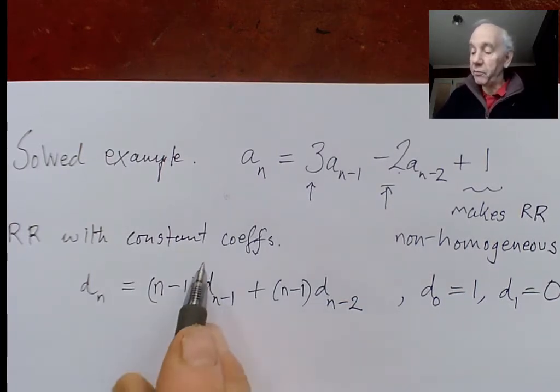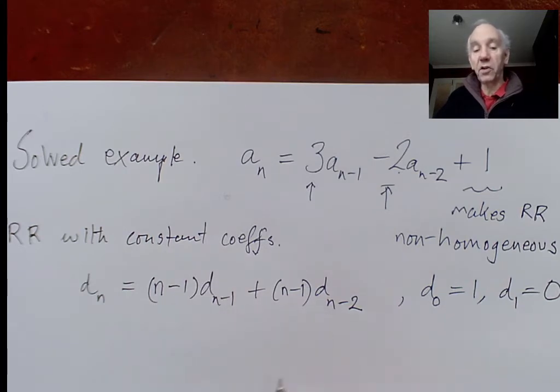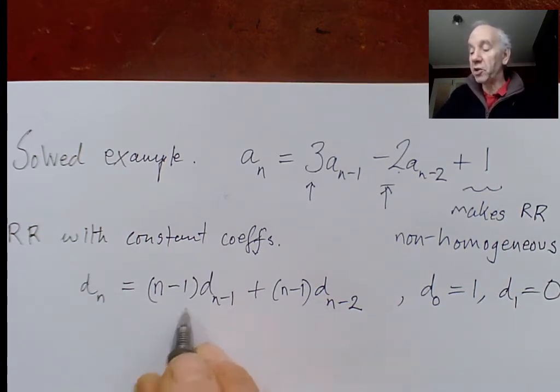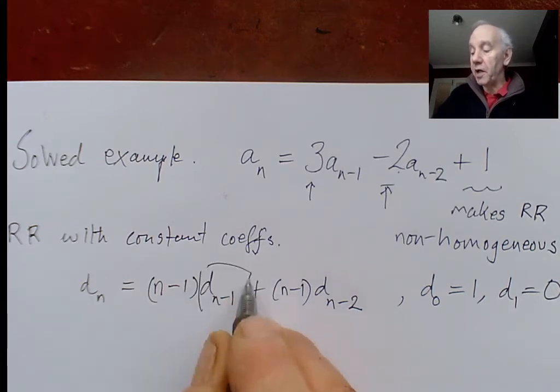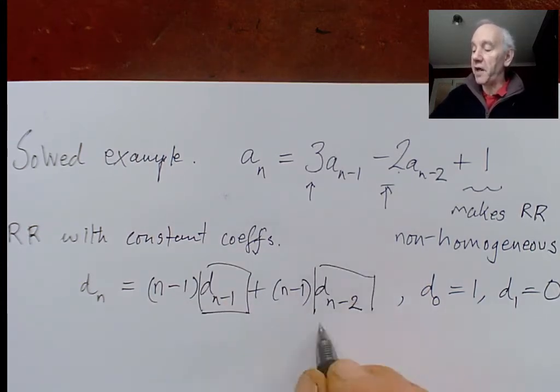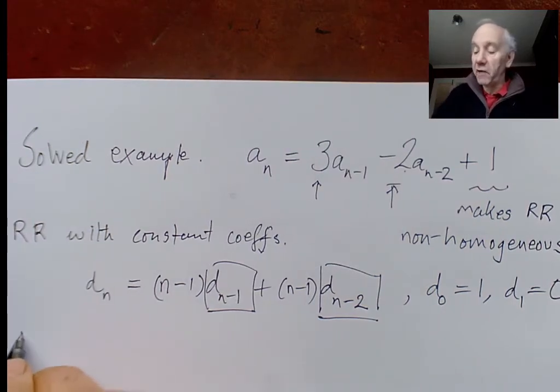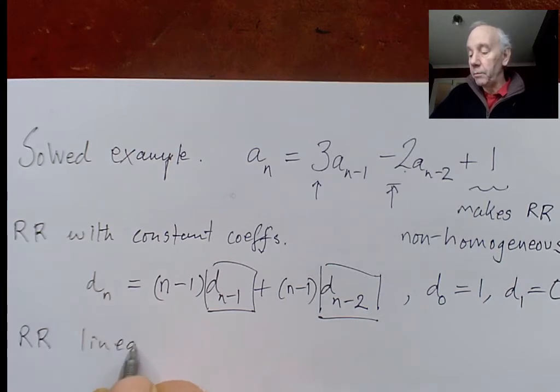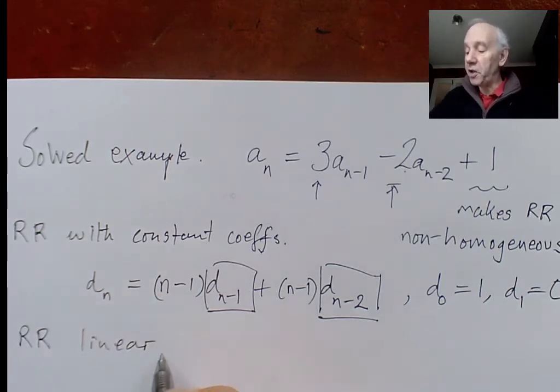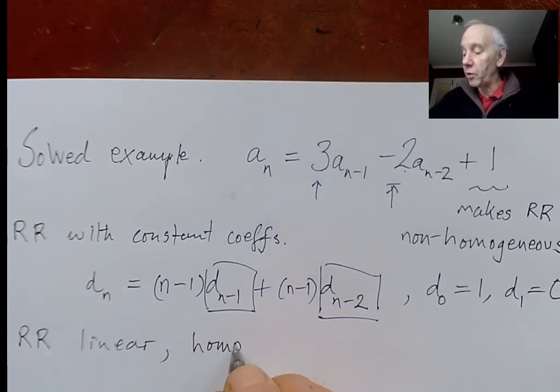I could have taken the (n-1) as a common factor, but I've written it like this to emphasize that we have a function of n times d_{n-1} and another function of n times d_{n-2}. So this is an example of a recurrence relation which is linear. And it's homogeneous in this case because there's no extra term.